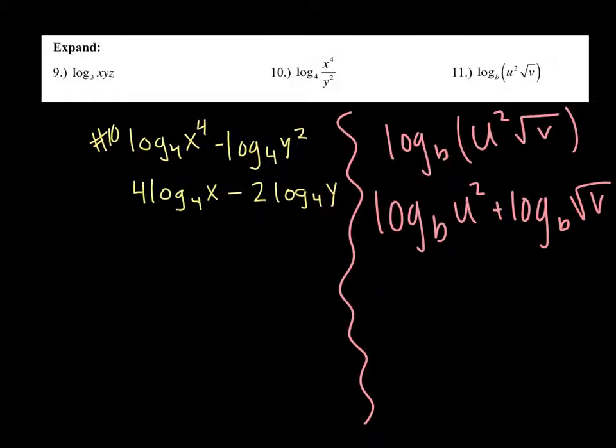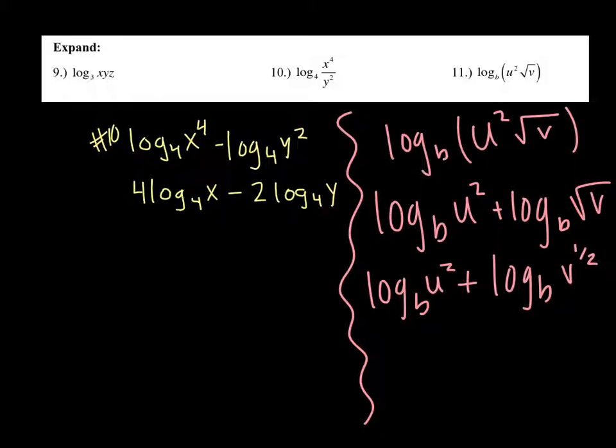So now I'm going to make that square root v to the 1/2. So now we have 2 terms being added together. The only thing we need to do yet is move our exponents out front.